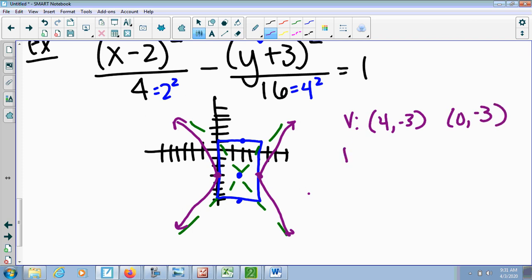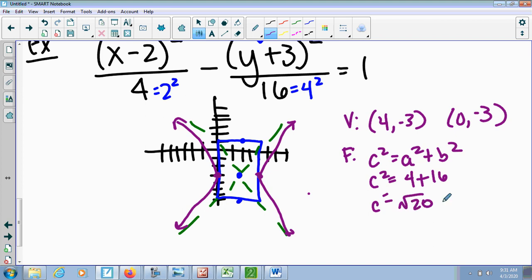Okay. Now for our foci, c squared is a squared plus b squared, which is 4 plus 16. That's 20, so c is the square root of 20, and that is 2√5.